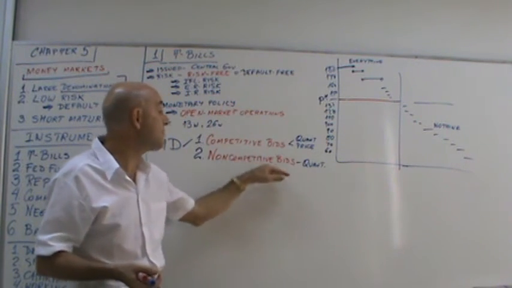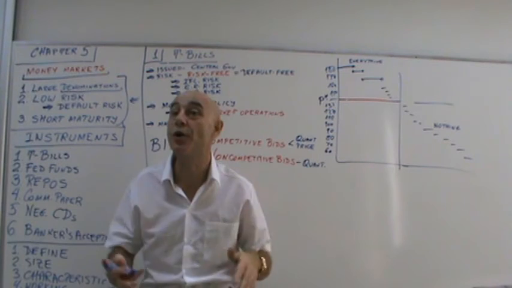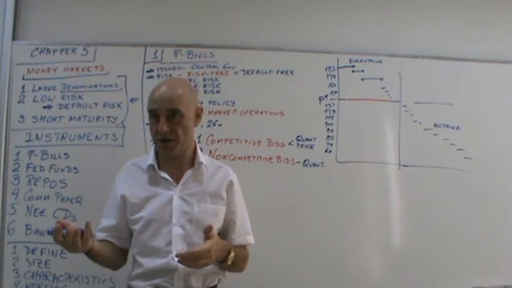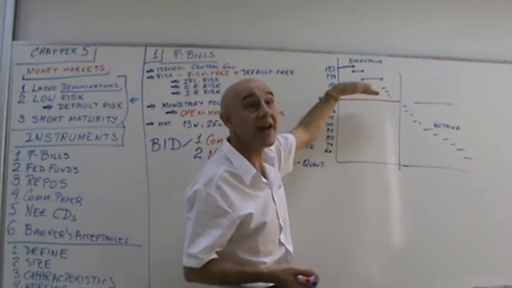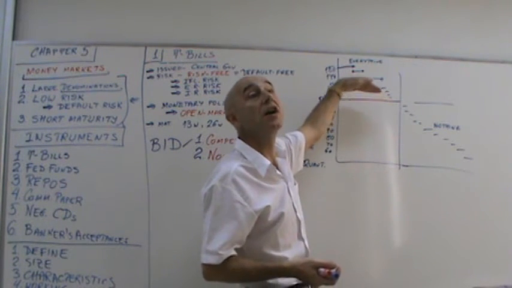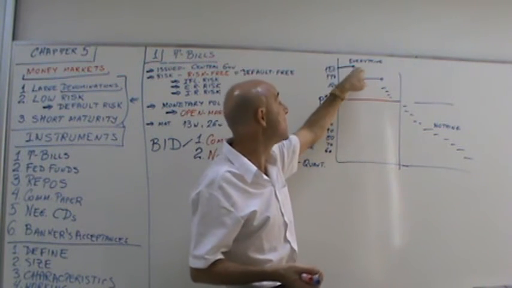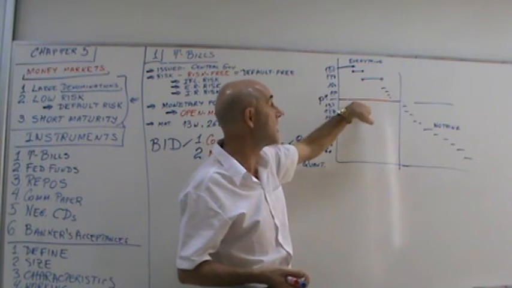So, non-competitive bids get filled first at whatever the market price is, and then you fill out everybody else who bid above the market price; they'll get it at this price.